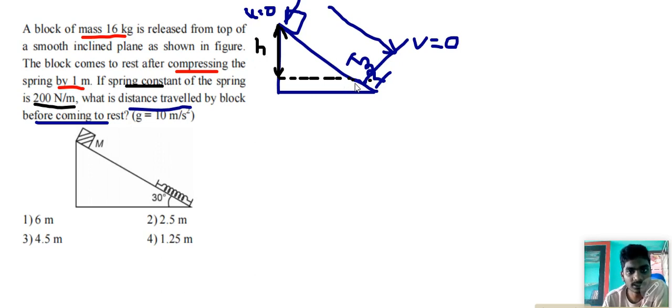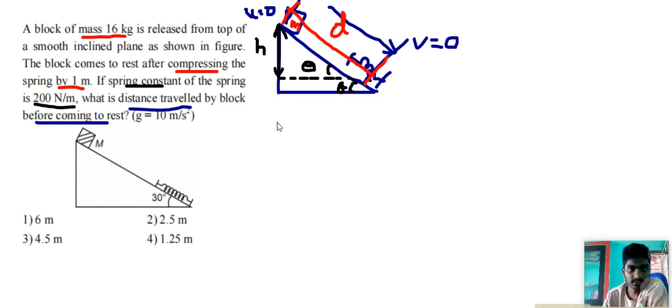If this is theta and this is also theta, then this is the distance traveled. I will draw it in red color. This is d, the distance traveled by the block of mass m, that is 16.